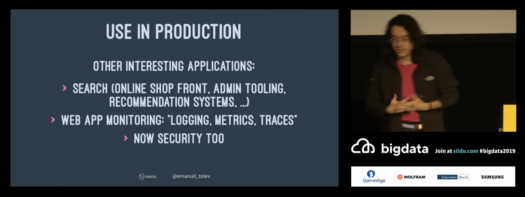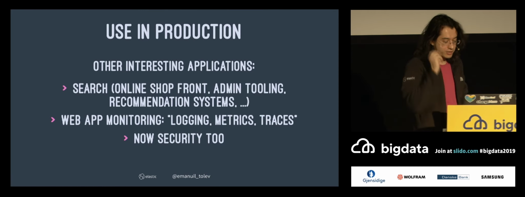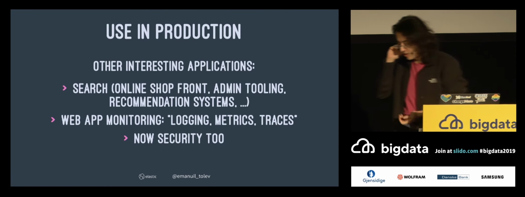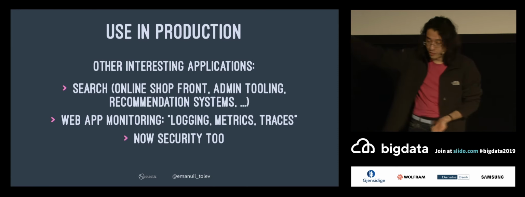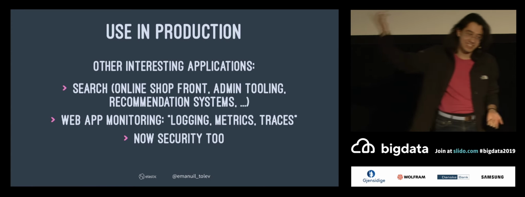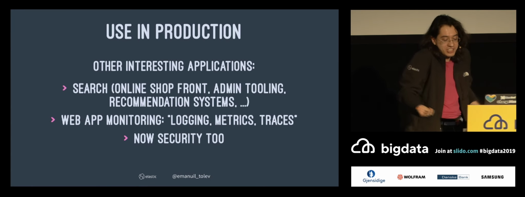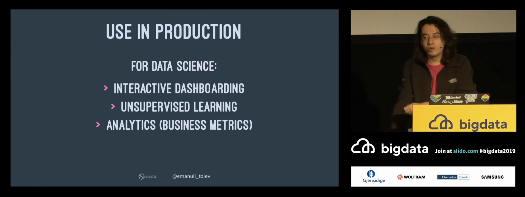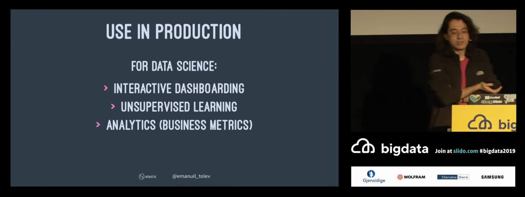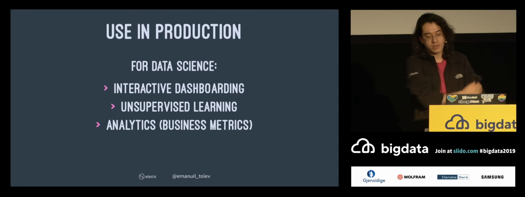So this is what we are thinking of as a tooling vendor. We're already focused on a ton of other use cases. As you can see, search is a very versatile tool in general, so that makes sense. But how could we become more useful to data science? So far, I have come up with these things.